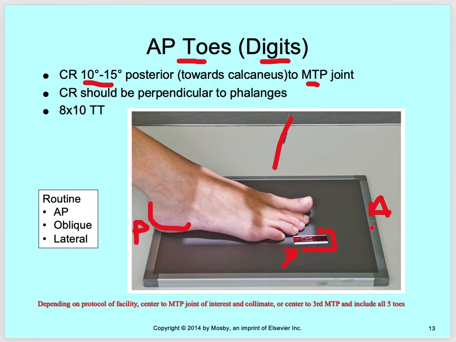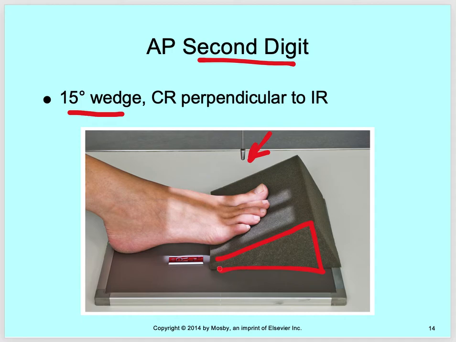So if you're flat to that image receptor, then you need that angle. So this one, they've limited the angle or taken the angle out due to the fact that they've put that positioning sponge in and created that 15-degree wedge. So now your central ray is at 0 degrees to that MTP joint.